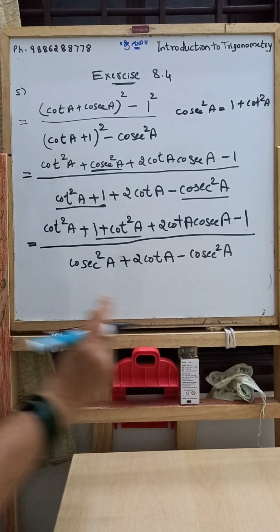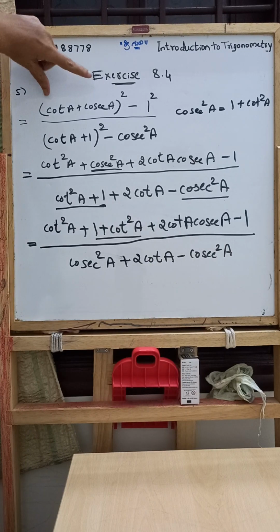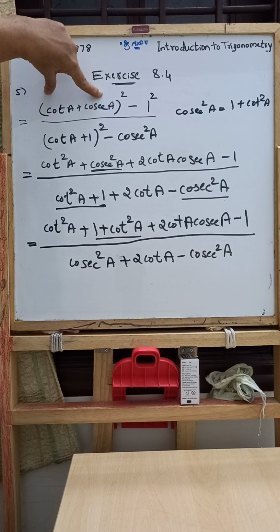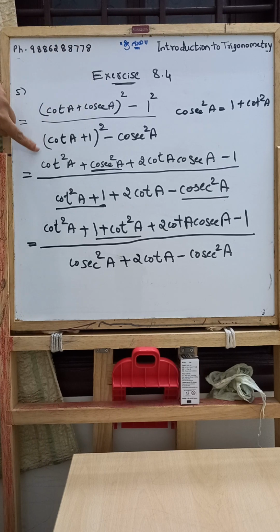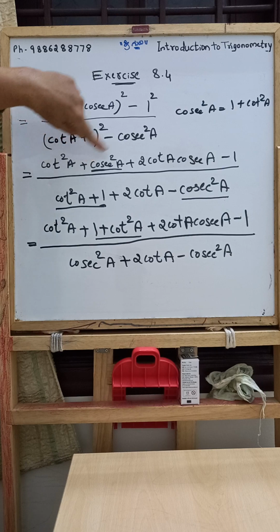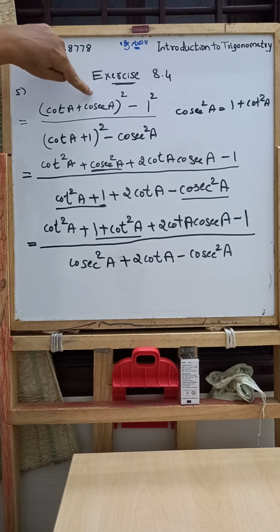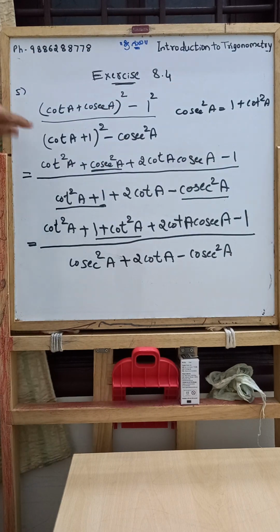Did you understand this? See, first we expanded this bracket using the identity (first term plus second term) square as first term square plus second term square plus 2 times first term into second term, and minus 1.